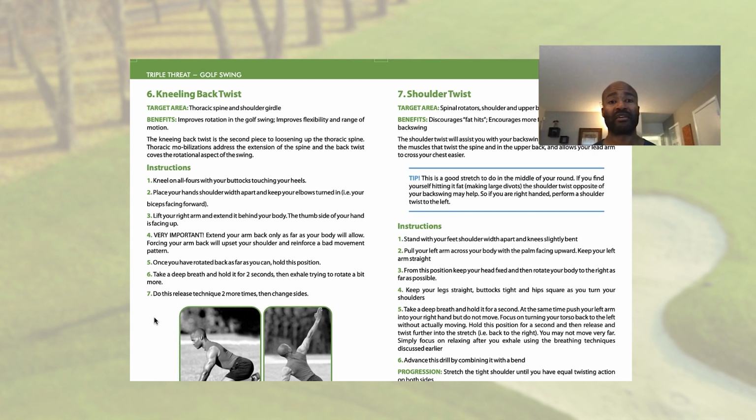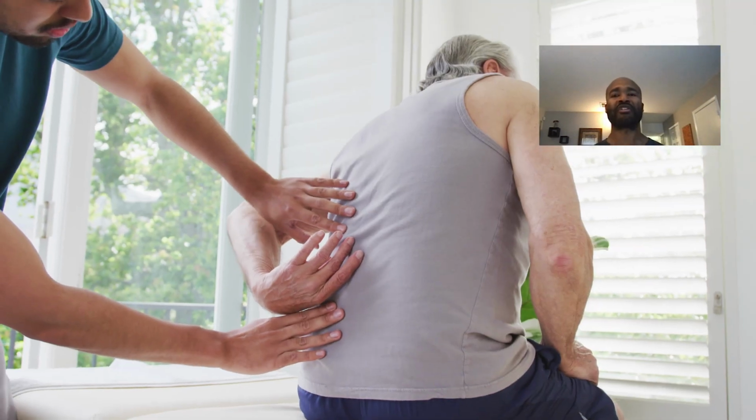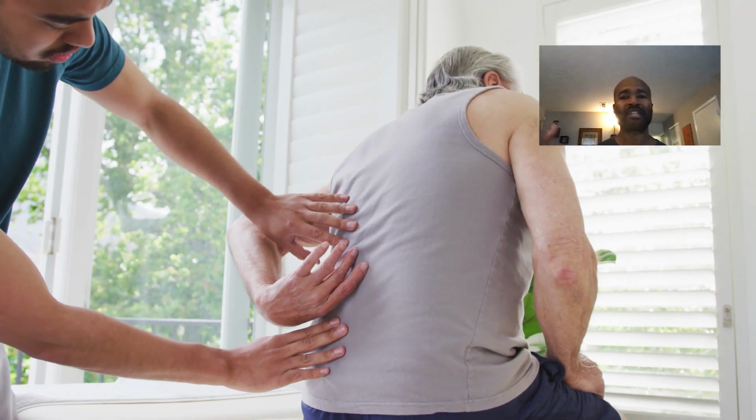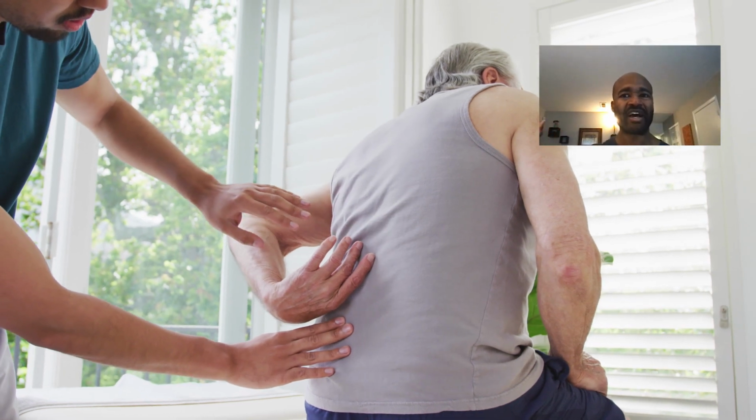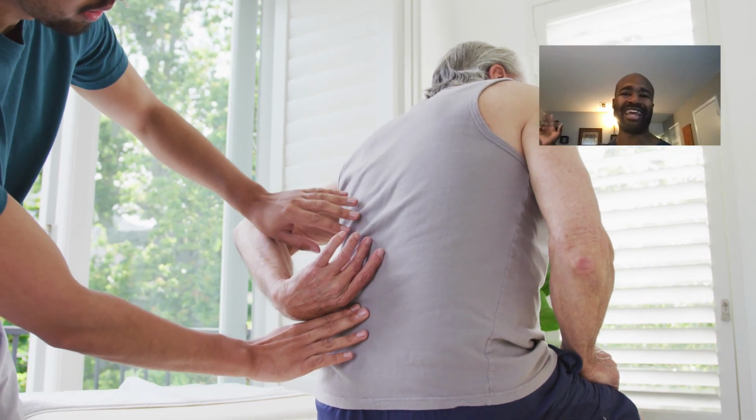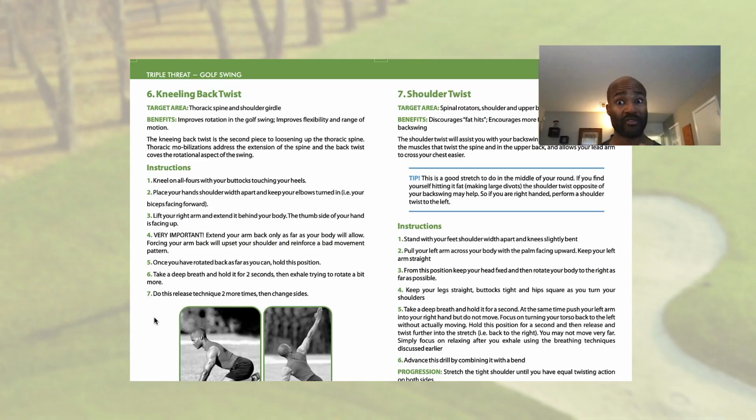And then the kneeling back twist. Now, the reason this drill is positioned here is that now that you have that new mobility in your T-spine, the kneeling back twist is going to solidify those new mobility gains. That's the first objective of the kneeling back twist.